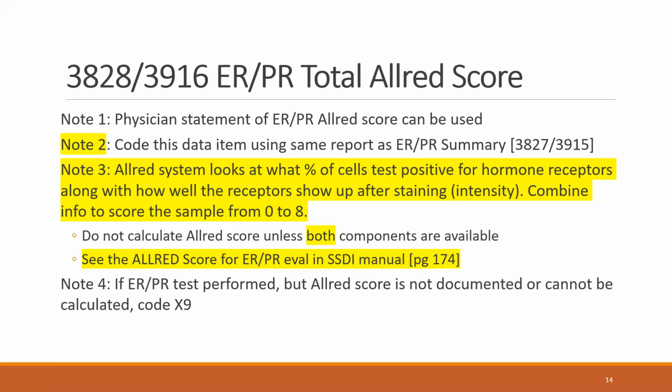On page 174 in the SSDI manual, you will find the calculation tables for all-red score. These are not located anywhere else. So you might want to bookmark that. You might want to print it out, tape it somewhere so that you have it handy. If the ER and PR were performed, but you cannot calculate the all-red score, then your score is going to be X9.